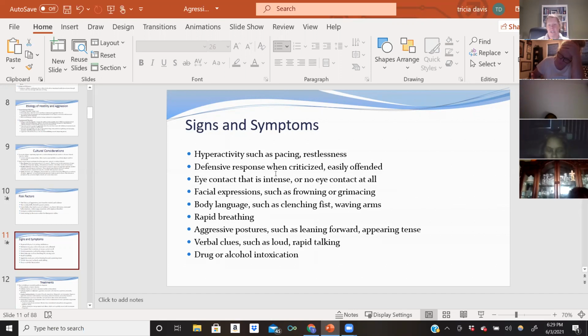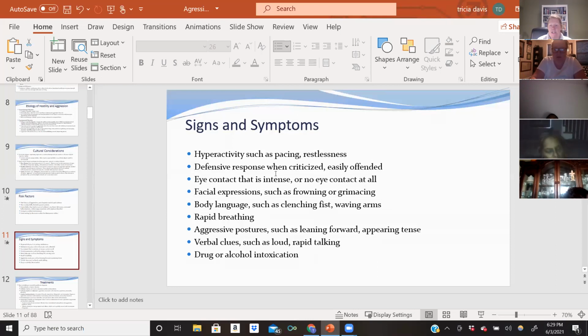We might see facial expressions such as frowning or grimacing, and then their body language. Are they sitting in the chair? Are they very comfortable? Are they rocking back and forth? Are they clenching their fists? Are they waving their arms around? What does their breathing look like? Is their breathing relaxed and they seem completely normal? Or are they breathing really heavy?